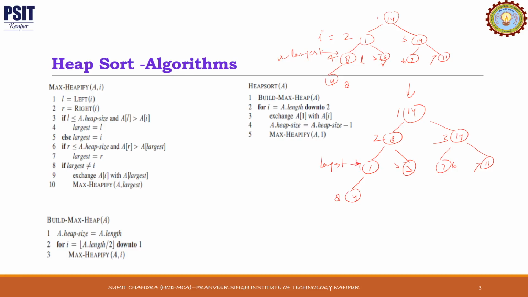Now finally Max-Heapify will be called again here. So now this will become i. Again we'll compare with L. So this is largest. Now we'll compare the left child and right child. Since right child is not there, no comparison. Again we'll check whether this largest and i are the same. Since they are not the same, they will exchange.